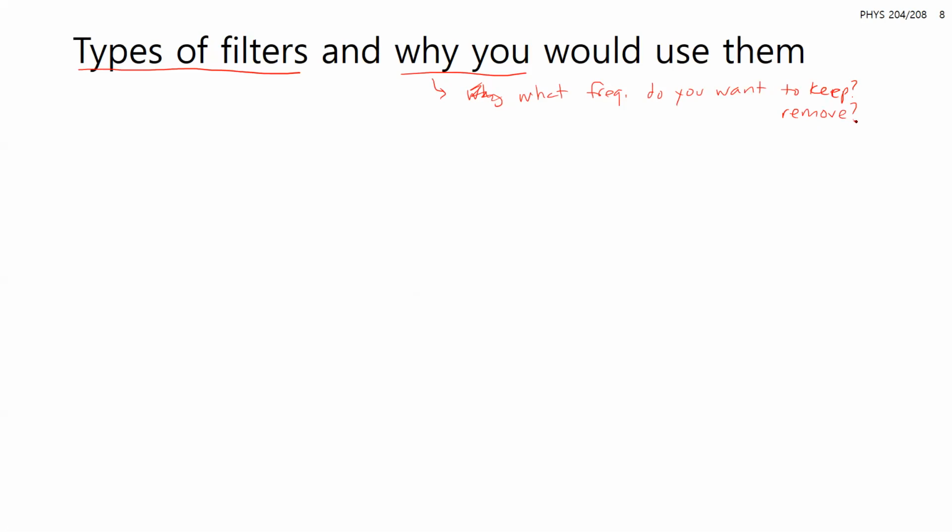The filters we're going to go over are the low pass filter, which we'll abbreviate LPF.